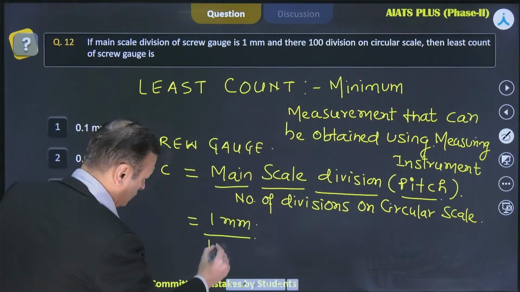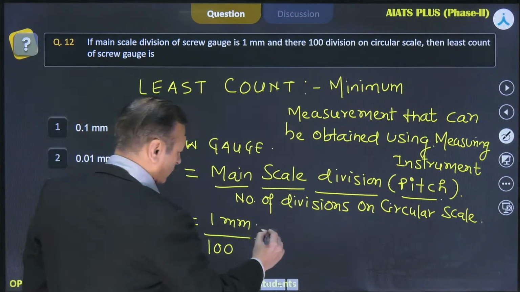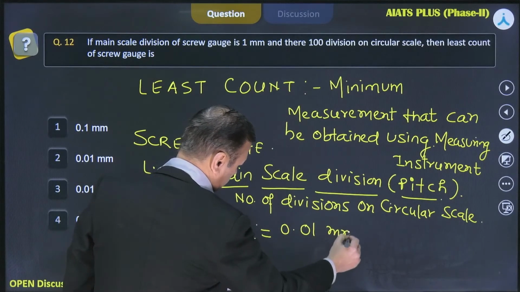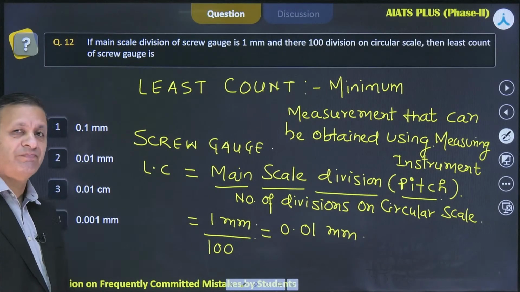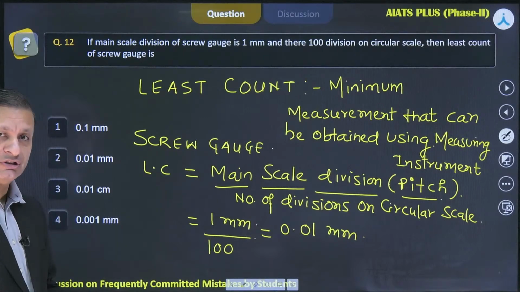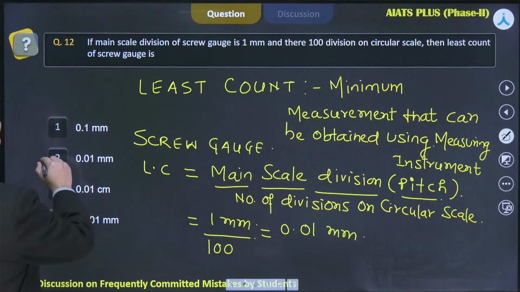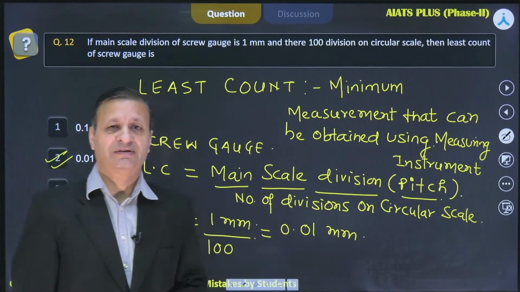So the number of divisions on the circular scale is 100. So for the given screw gauge, the least count is 0.01 mm. So this is the correct answer.